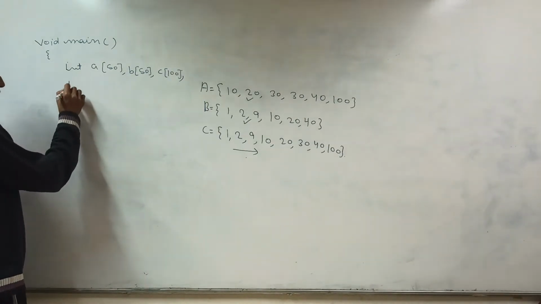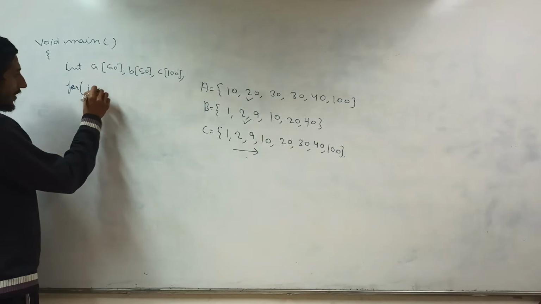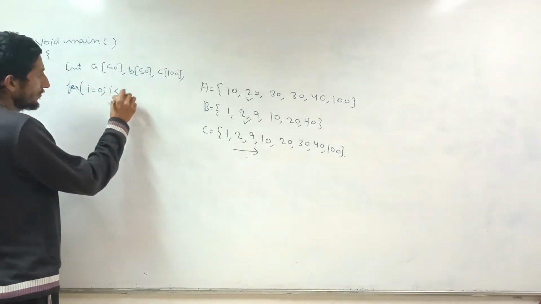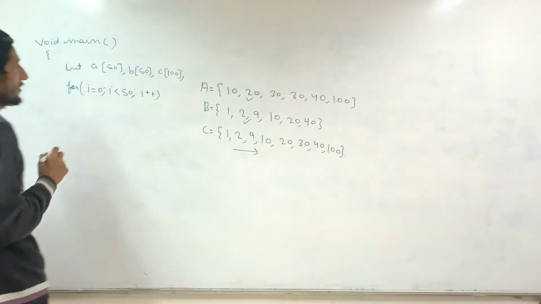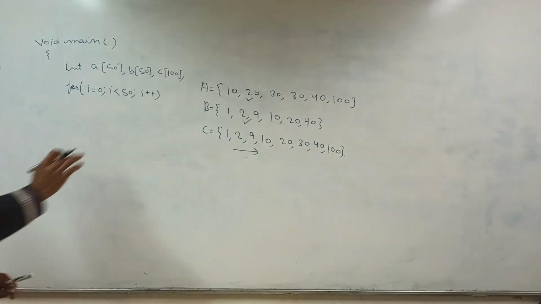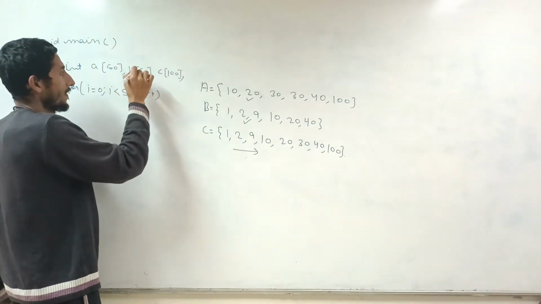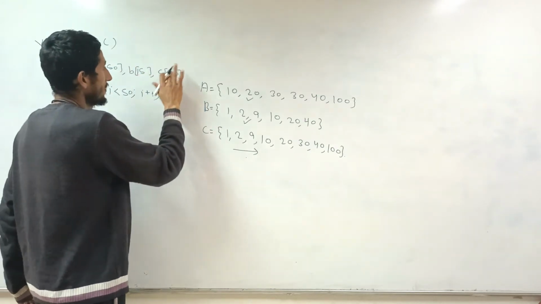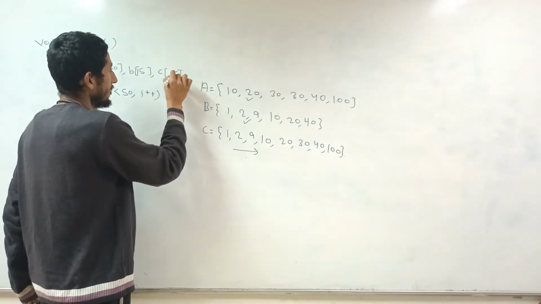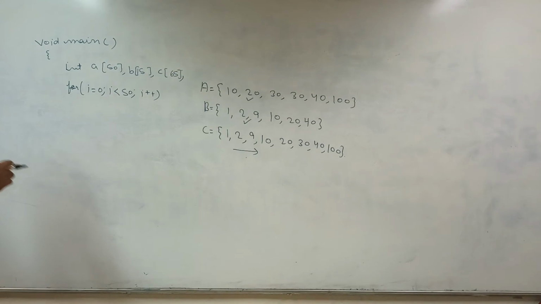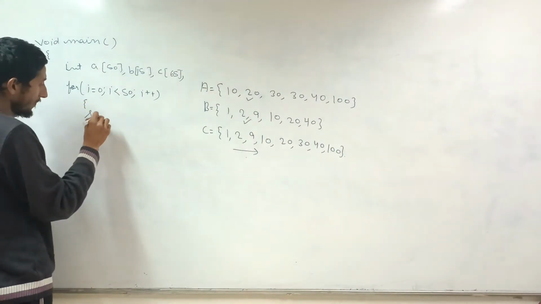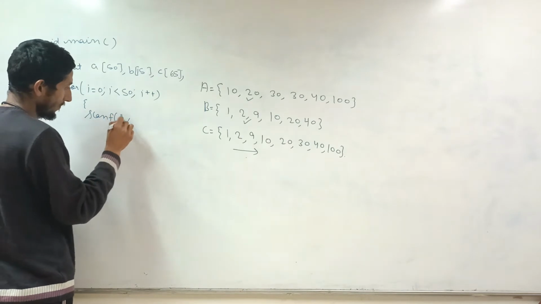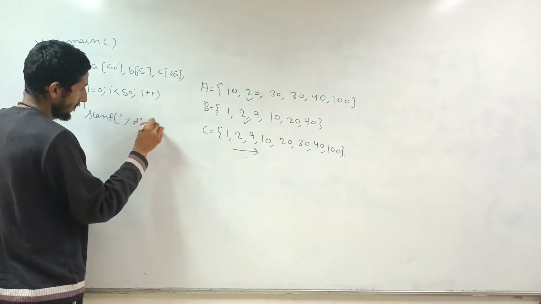Let me put a for loop, i equals 0, i less than 50, i plus plus. It is not necessary that the sizes of A and B will be equal, so let me take a different size like this. Let me put scanf A of i.